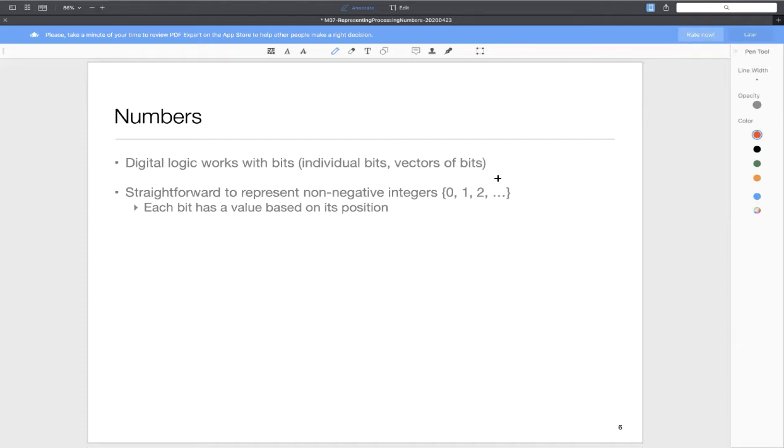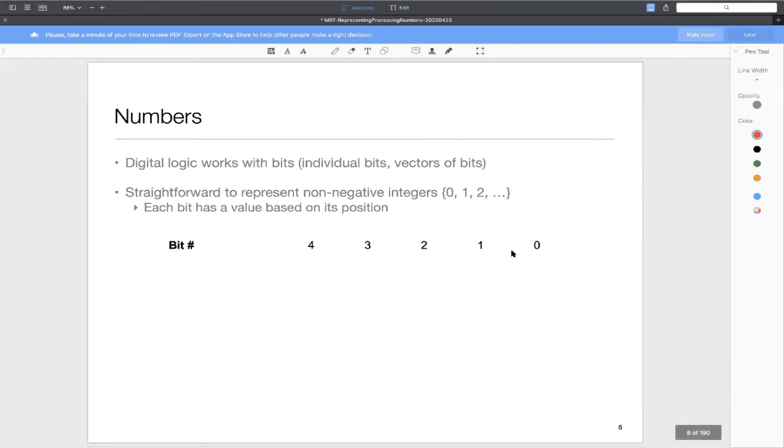Essentially, we take the analogy from our usual base 10, and to each bit in a vector of bits, we assign some weight, right? In base 10, our weights go as 1 for the unit digit, and then 10 and 100, and so on and so forth. In base 2 it becomes 1 and 2 to the power 1 and 2 to the power 2, and so on.